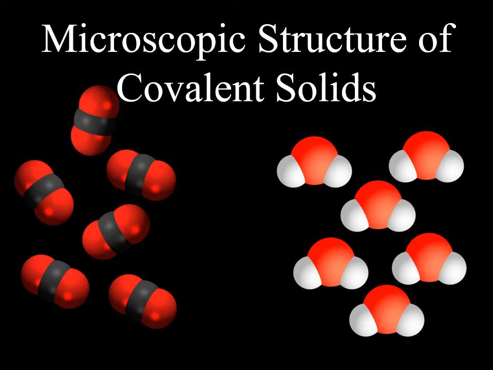Well, with covalent solids, you can have crystals, sure, but you can also have what we call an amorphous solid. Amorphous means it's randomly organized. So the water molecules here are lined up nicely. They're organized so we can form ice crystals. With the carbon dioxide, we just get a little bit more randomness to it. You don't have to have a crystal structure.